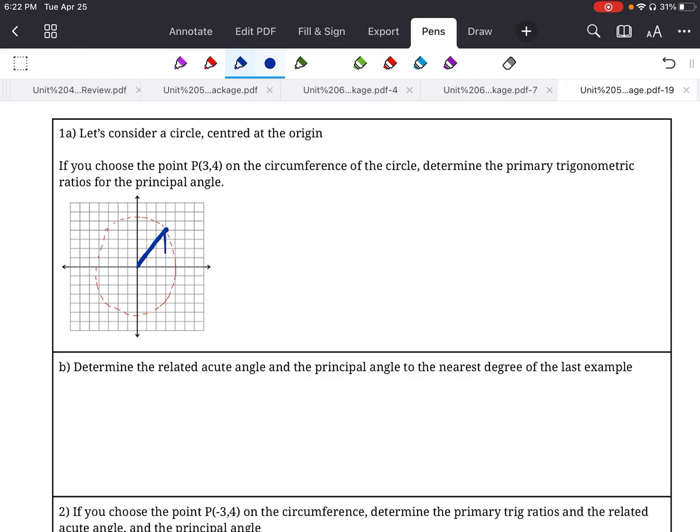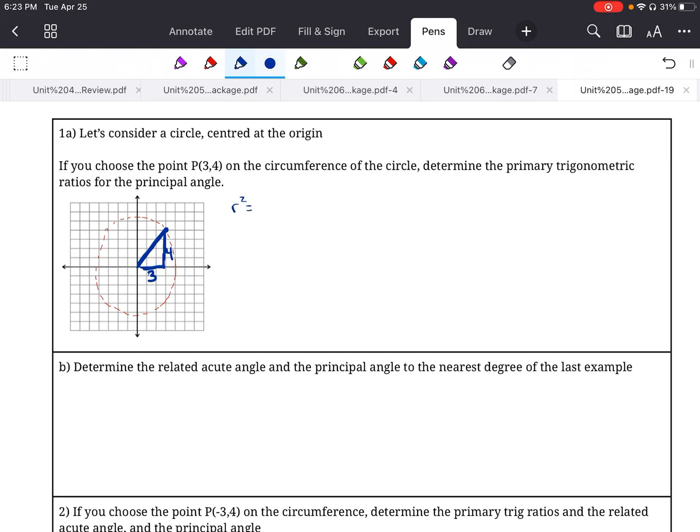So if we made a triangle out of this point, we know that it has an x value of 3, a y value of 4, and we can find what we call the r value. We do that because this is a right angle triangle, through the Pythagorean theorem.